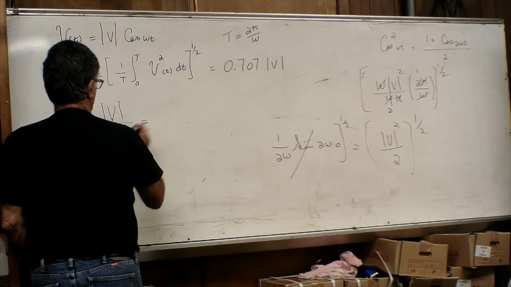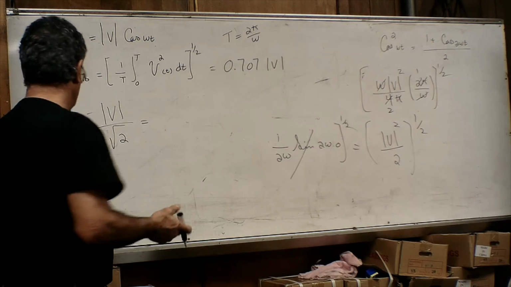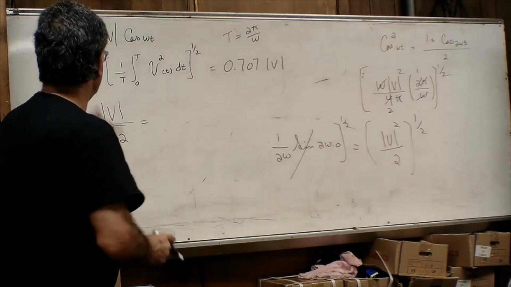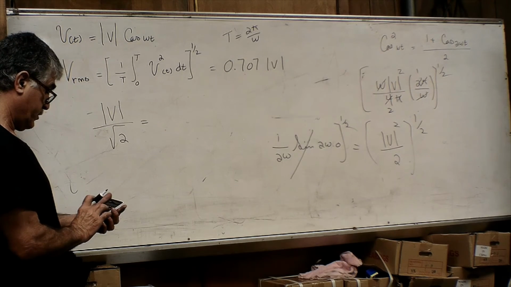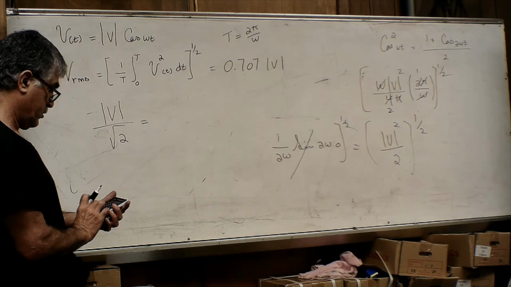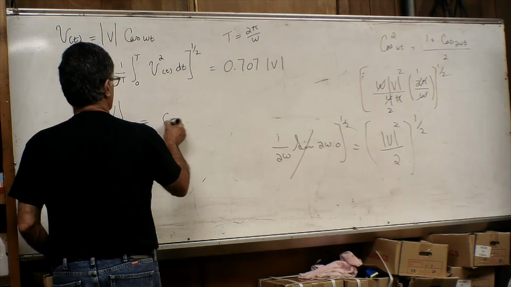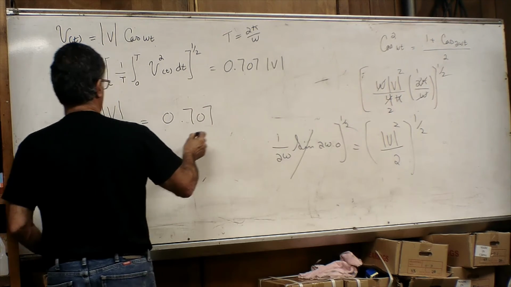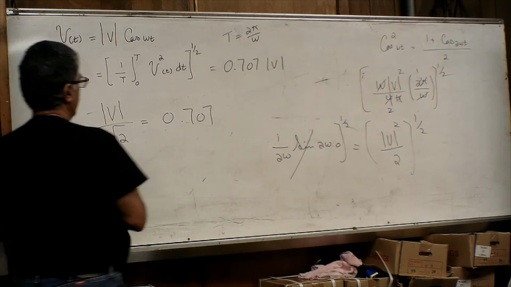So v divided by the square root of 2, the square root of 2 is 1.4, and 1 divided by 1.4 will be 0.707.